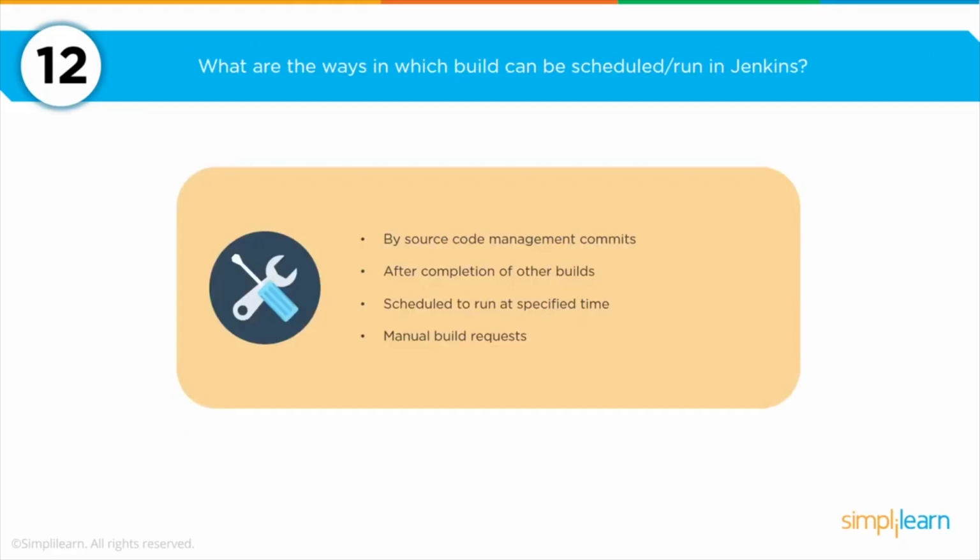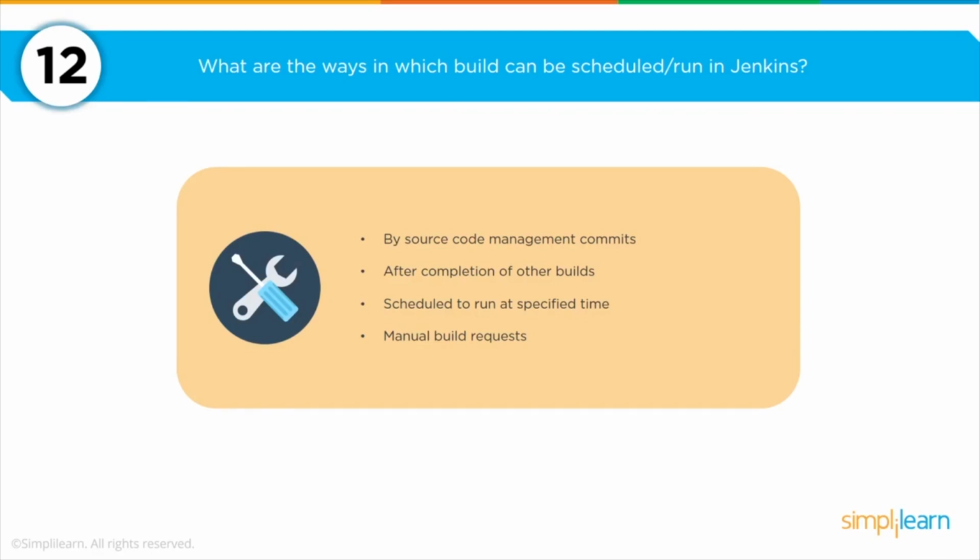So what are the ways in which a build can be scheduled and run in Jenkins? Well, there are 4 ways in which you can identify how a build can be scheduled or run in Jenkins. The first is when source code management commits new code into the repository. You can run Jenkins at that point. The second can be after the completion of other builds.